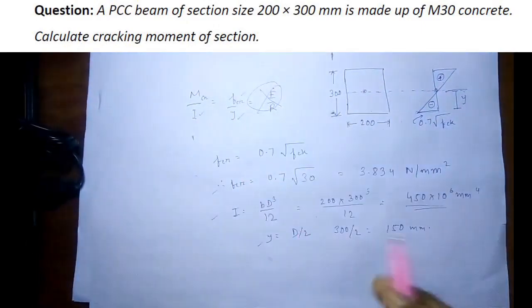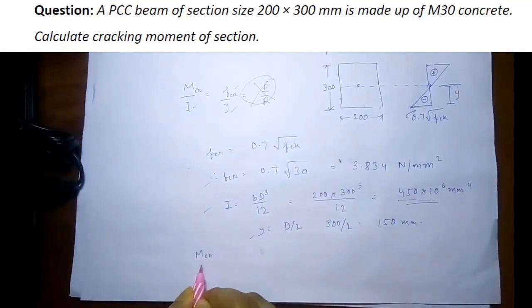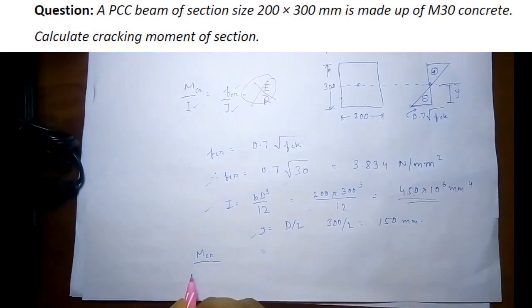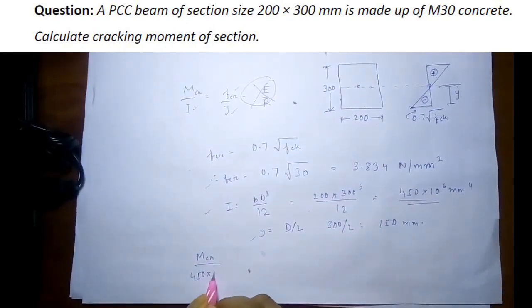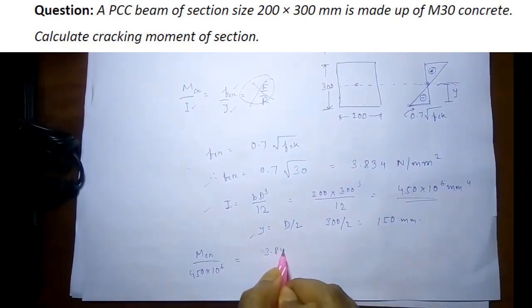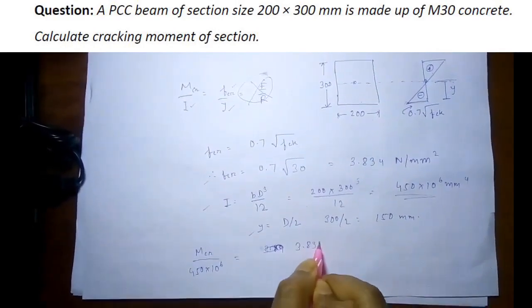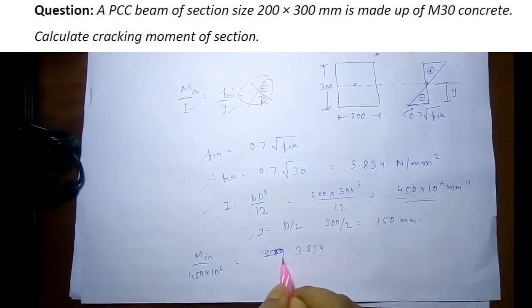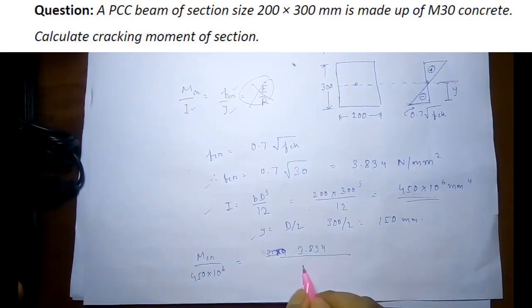So let us put all this in the equation and we get Mcr upon I, which is 450 times 10 to the power 6, equal to fcr, which is 3.834 Newton per mm square, upon y, which is 150 mm.